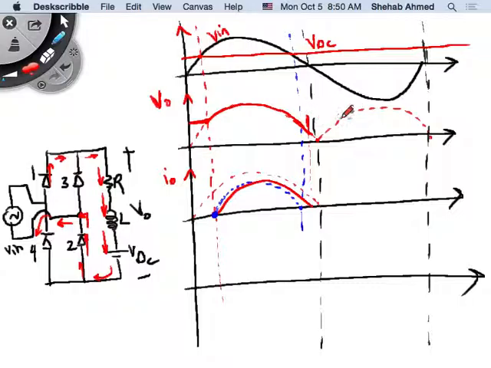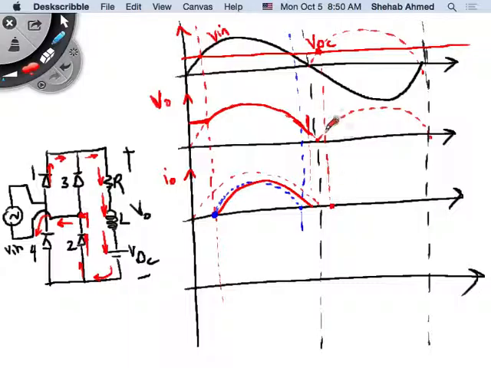Because what's happening in the negative half cycle? Now I'm flipping the source, right? It's like flipping the supply. So now this point is the critical point where, for the resistive case or for the RL case, the current will start conducting again. This would be a critical point.